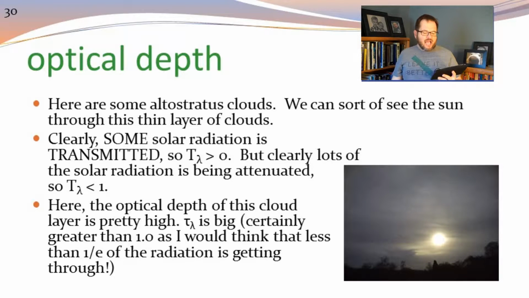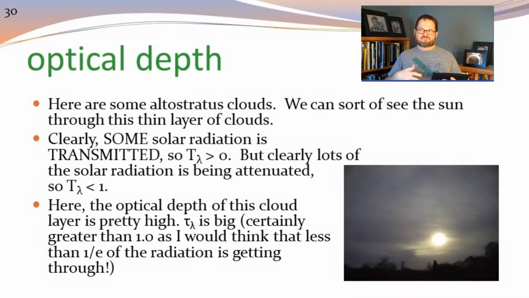I mean, you can still see the sun. Clearly, some shortwave radiation is being transmitted through that layer of altostratus clouds. So clearly, the transmissivity of that layer of clouds is greater than 0. Right? Some radiation does get through those clouds and to your eye.